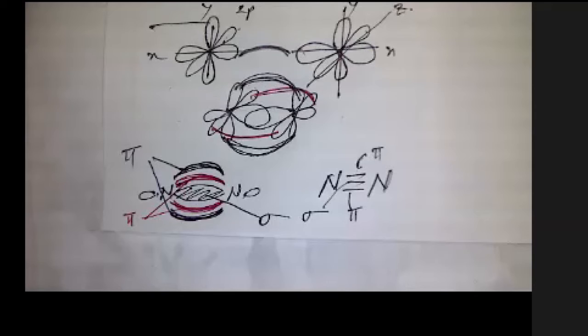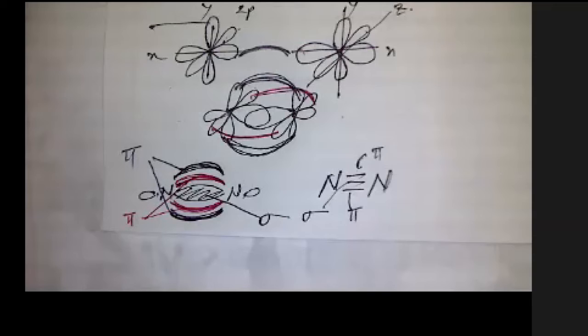Now look here. What you have learned just now is whenever we have a single bond, then single bond will always be a sigma bond. Whenever one bond is formed, that bond is always sigma bond. But if you have more than one bond, then that will always be one sigma, and the rest of them all will be pi.